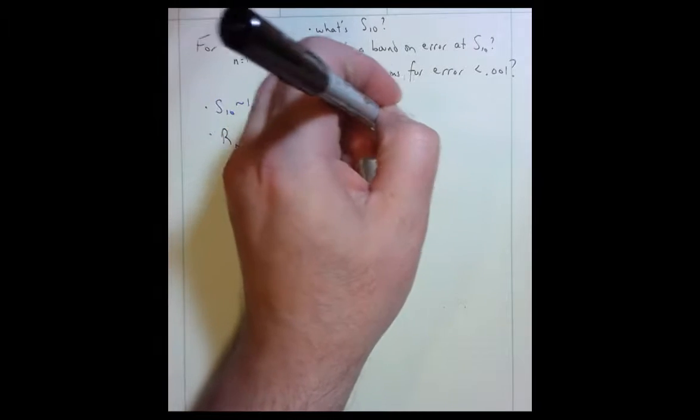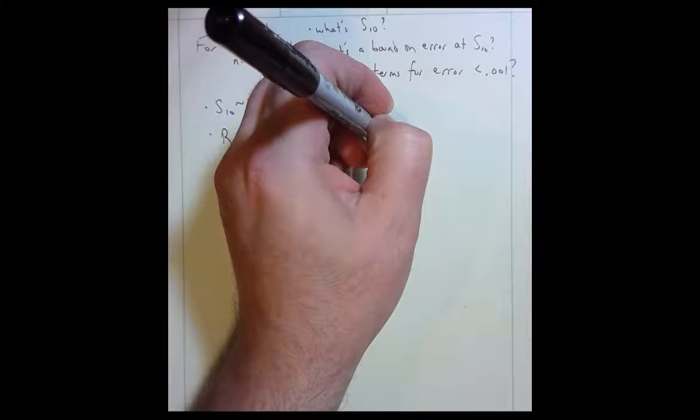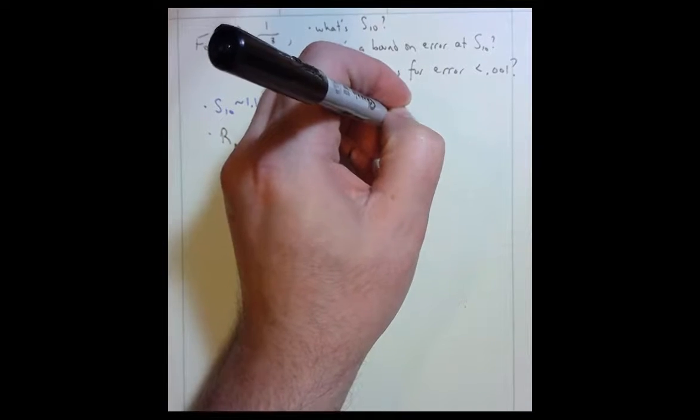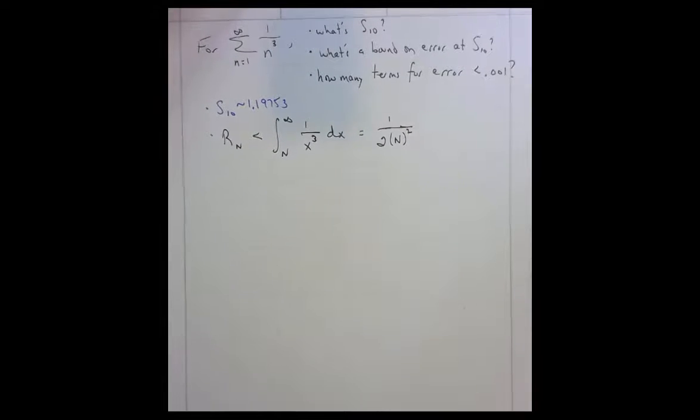If you don't follow this immediately, feel free to step off to the side and do it. It is an improper integral, so it has to be done properly as an improper integral, but it ends up becoming 1 over 2n squared.